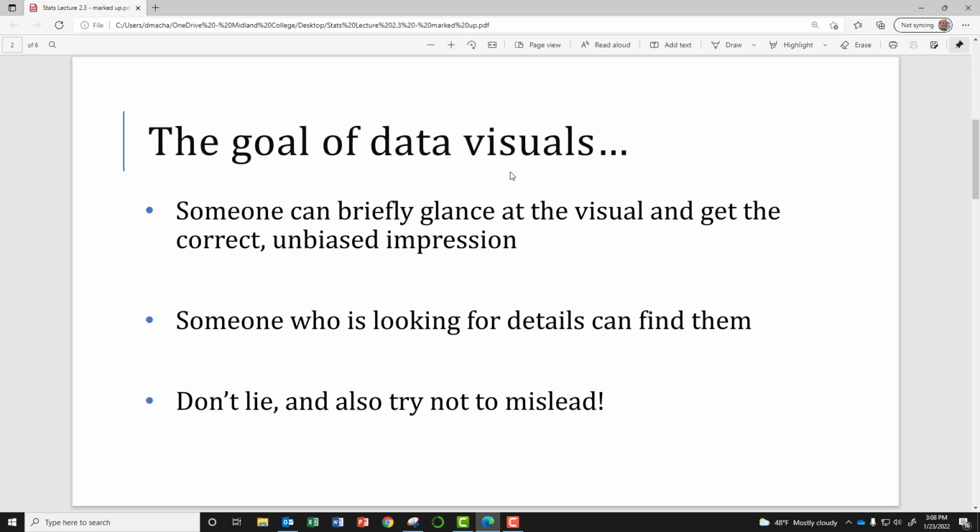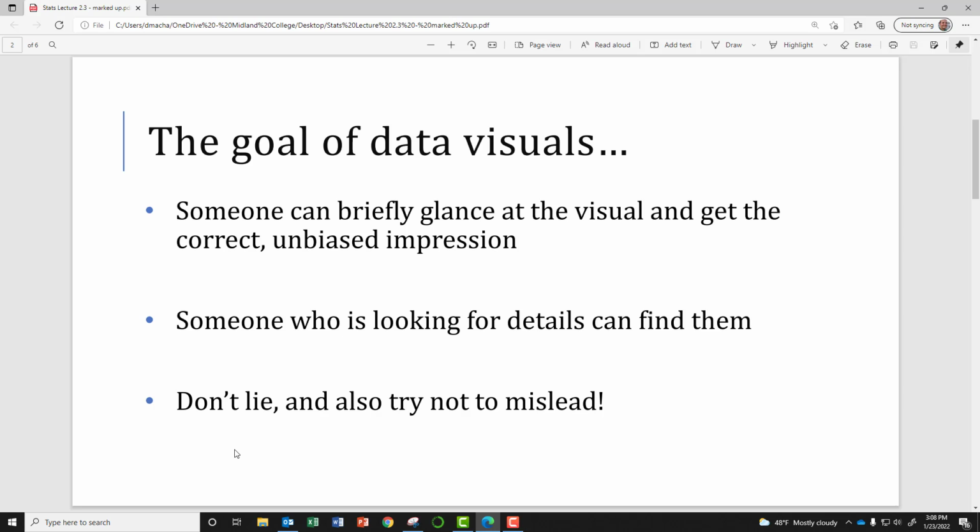And if your vertical axis has something like weight, then you need to specify, are we talking about grams or kilograms or pounds or tons maybe? So specify exactly what your unit of measurements are. That's what I mean by someone who's looking for details can actually find those details.